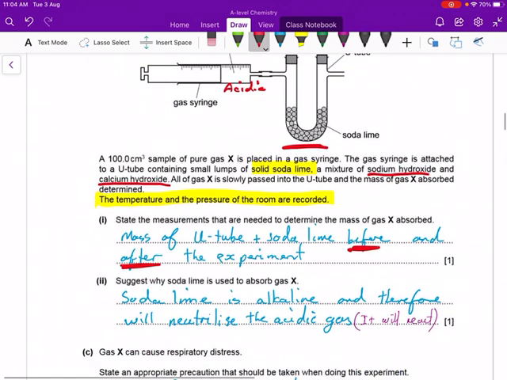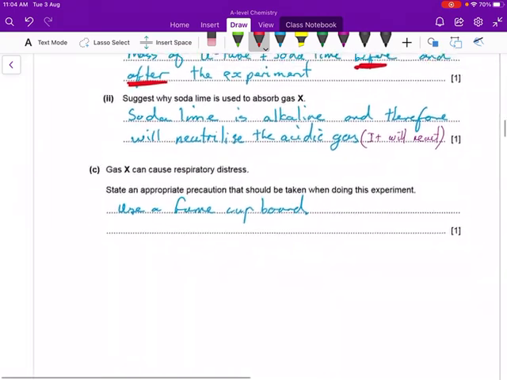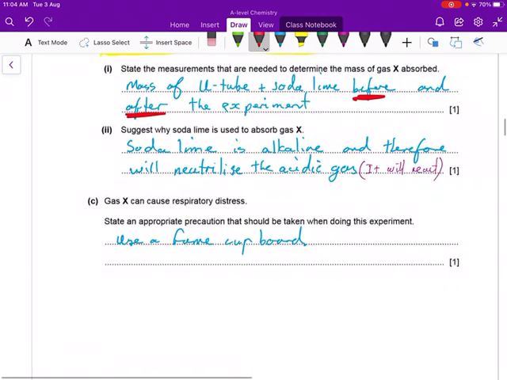Okay, we talked about the alkaline and acidity. Now, whenever we work with a dangerous gas, our lab does not have this, and this is also why most of these experiments are not required to be done, and why it's not a physical practical. If something causes respiratory distress, a mask is not going to be suitable.